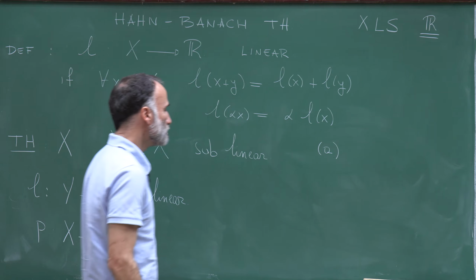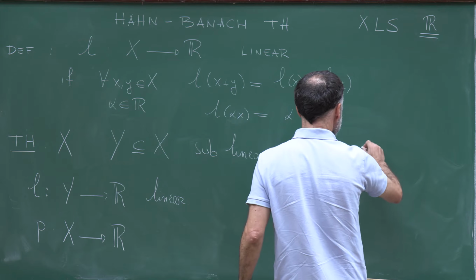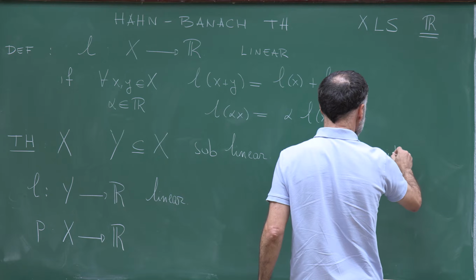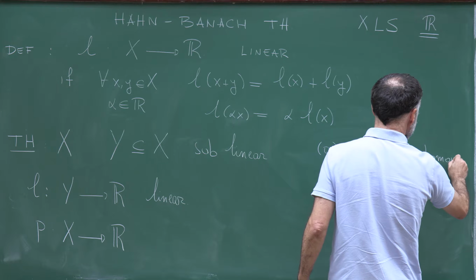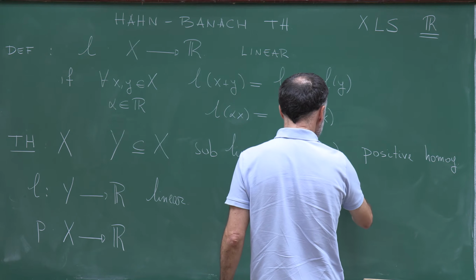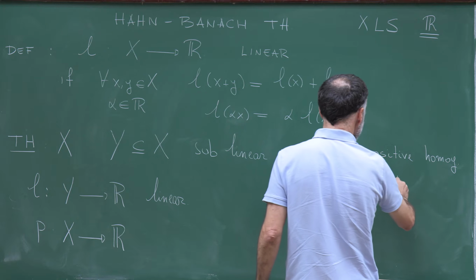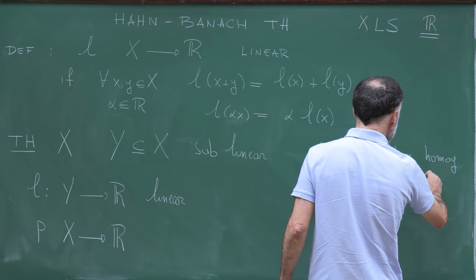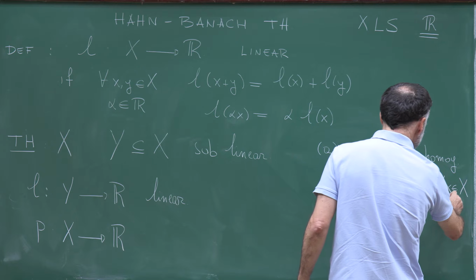First, it's positive homogeneous. This means that P(alpha x) is equal to alpha Px for all x in X and alpha positive.